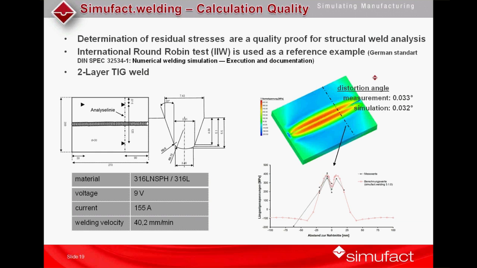And if you see in the picture on the right-hand side, if you look at my mouse, you see here through this cross-section, the simulation and the experimental data were compared. So distortions were very close. More importantly, here you see the curve of the residual stresses, and this humpback shape is captured very well by the simulation, and that can only be captured correctly if you correctly take into account the material behaviors.